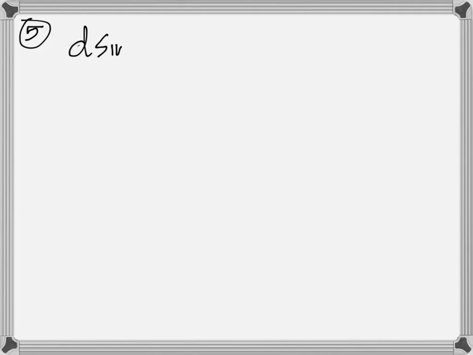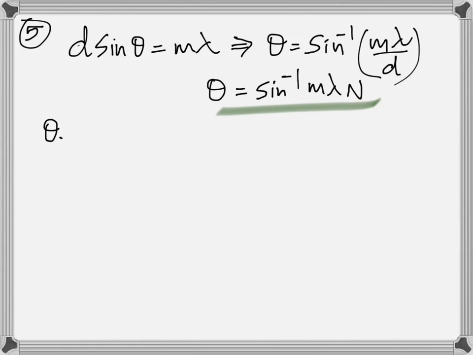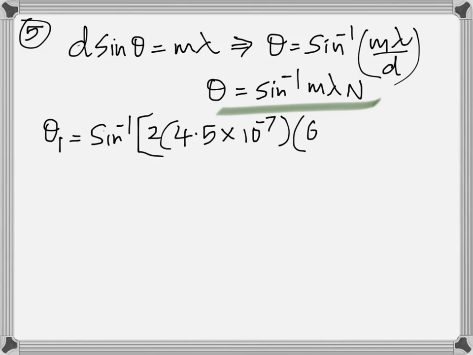In the fifth question, again, you have to find the angular spread in the second order spectrum between red light and blue light. So which means you have to individually calculate the theta for each one. So that's the formula for theta that you get when you rearrange. And then substitute the values of lambda. For both, m is equal to 2 because it says second order spectrum.